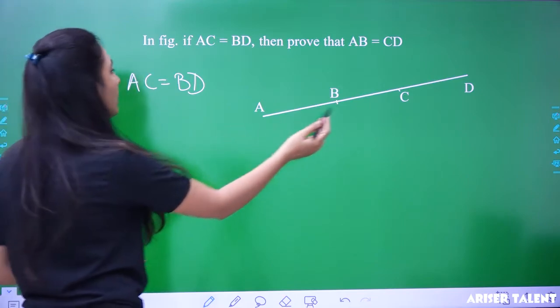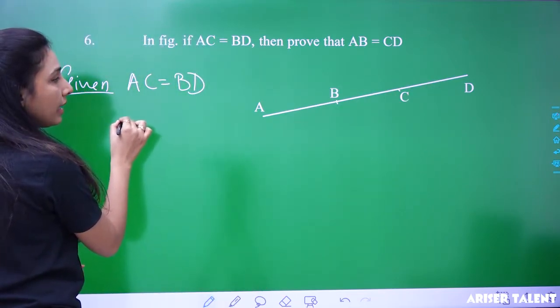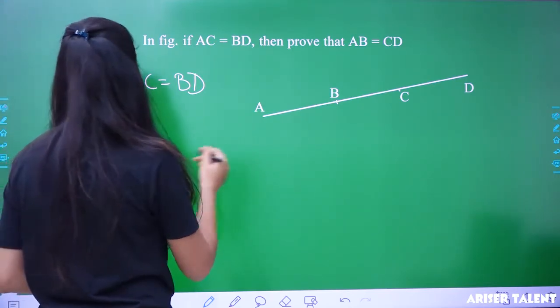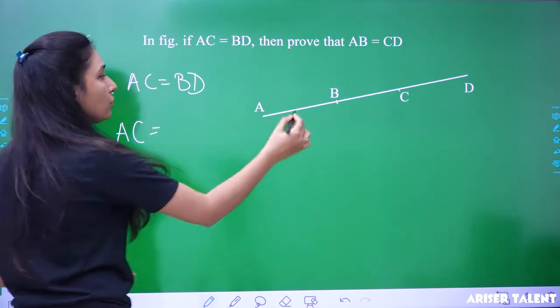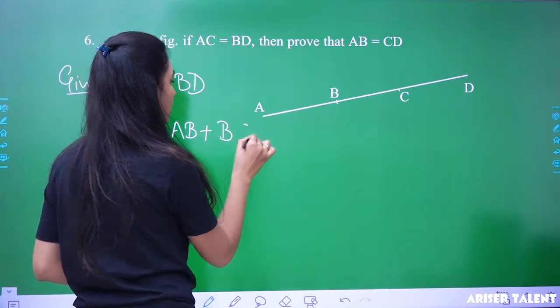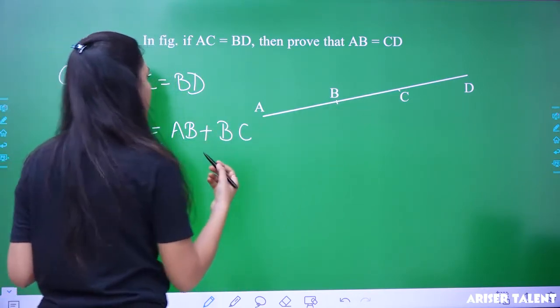Now AC is equal to BD. If we talk about this line, here AC is equal to AB plus BC.